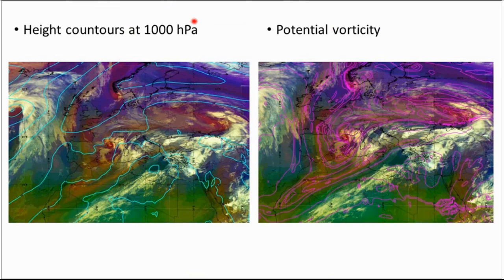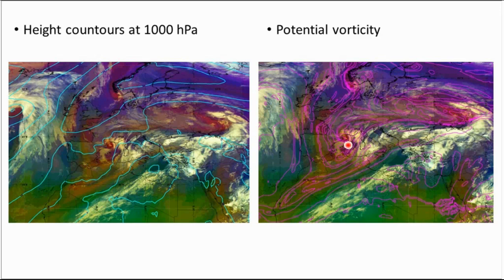Another key parameter is of course the geopotential at 1000 hectopascals and potential vorticity. At 1000 hectopascals you do not have these closed lines, so you do not have a surface low, but just a low at 500 and 300 hectopascals. And here, of course, you have the maximum of potential vorticity.